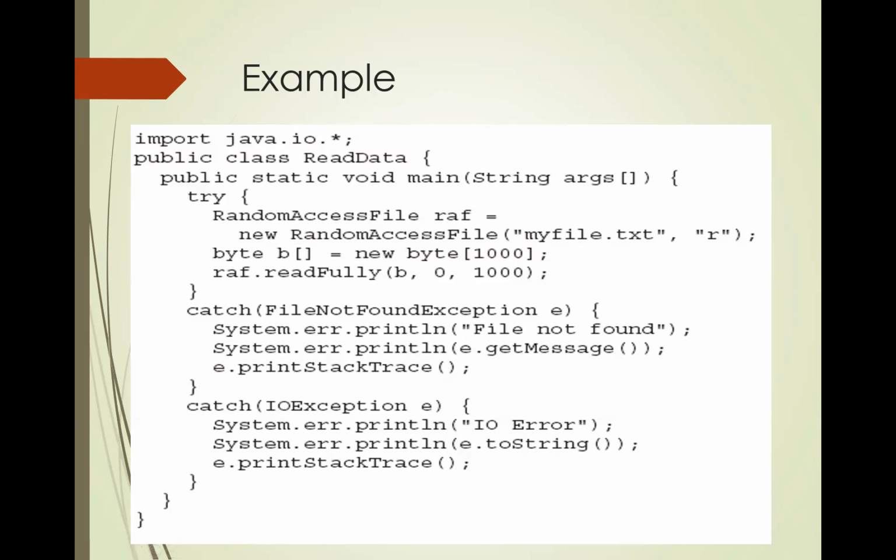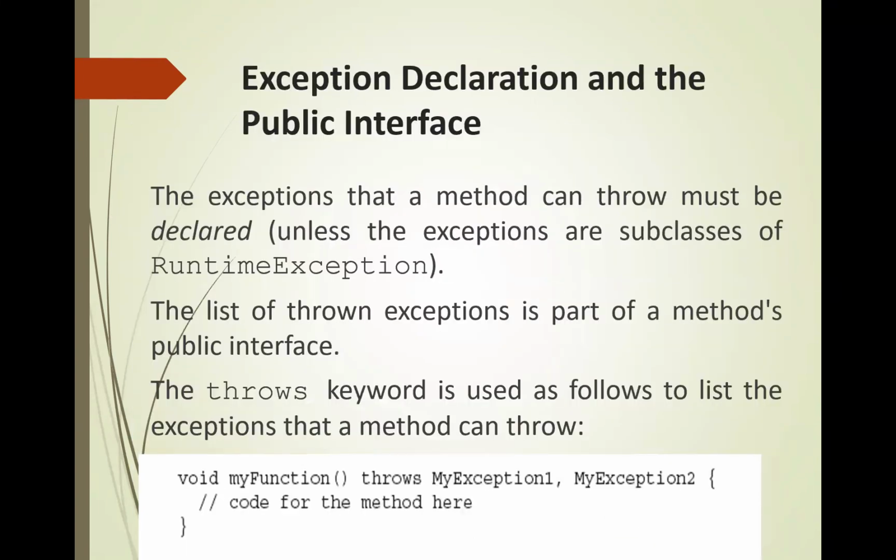Right now, if you want to declare exceptions, that means if you do not use the exception handlers, that means if you do not use the try catch block, then the exceptions might be thrown. Therefore, exceptions that a method can throw must be declared, unless it is a subclass of runtime exception.